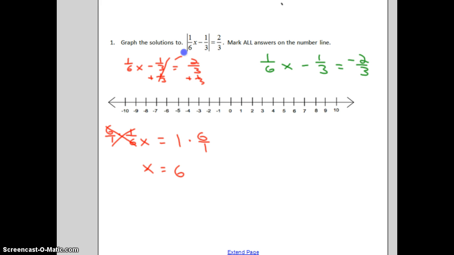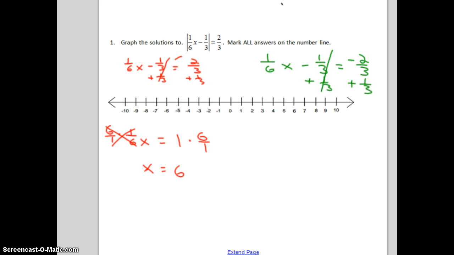Okay? Now, we're going to go ahead and solve the other equation using pretty much the same steps. We're going to add 1/3 to both sides. That cancels out.